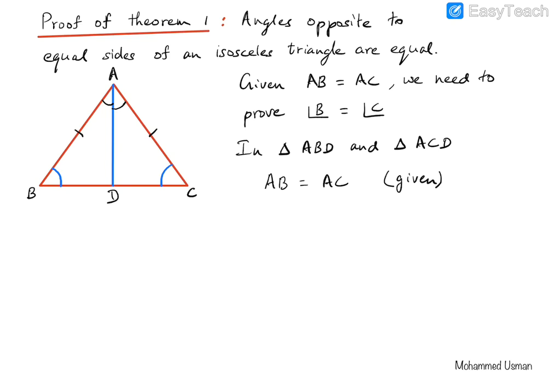Then we know that since we are bisecting angle A, angle BAD and angle CAD are equal. So angle BAD equals angle CAD. This is by construction. This is how we have drawn this blue line over here.